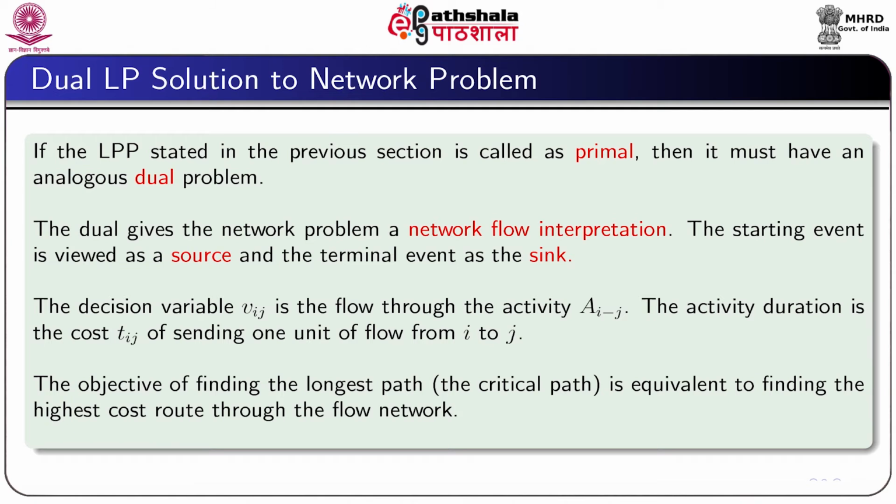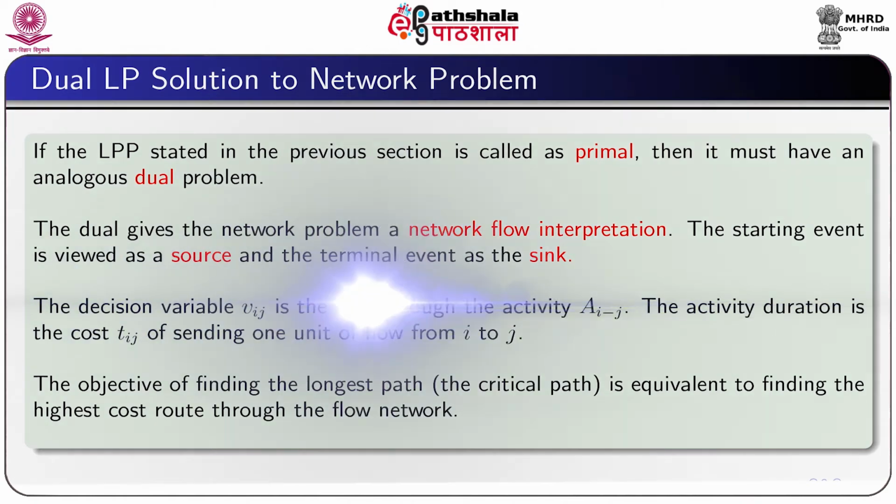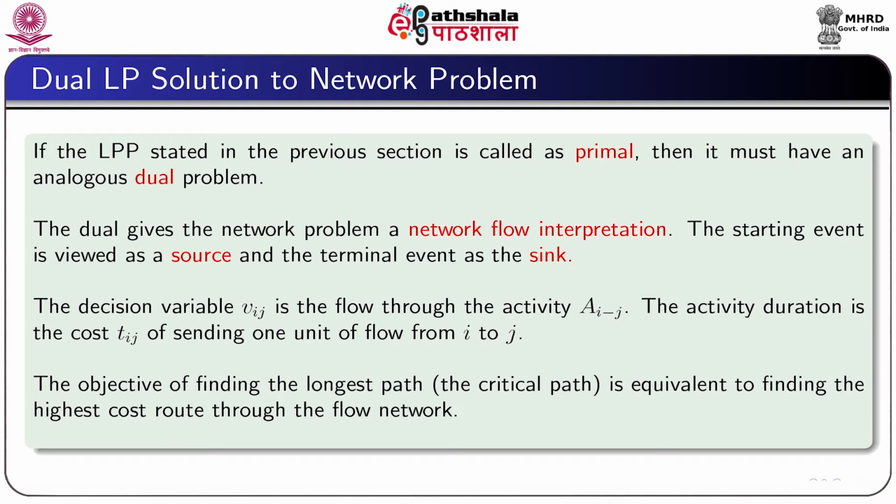The starting event is viewed as a source, while the terminal event can be considered as the sink. The decision variable Vij can be defined as the flow through the activity ij, and the activity duration can be considered as the cost Tij of sending one unit of flow from i to j.